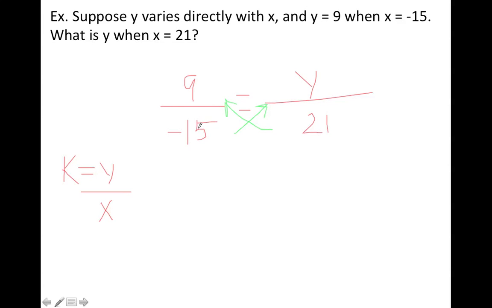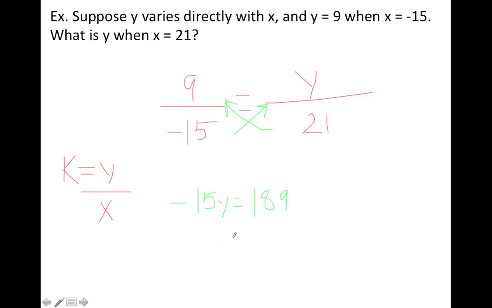So we get negative 15 times y, which is negative 15y. And then we multiply 21 times 9, which is 189. And we're solving for y, so we need to divide both sides by negative 15.